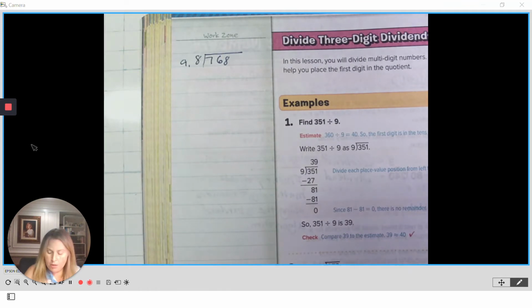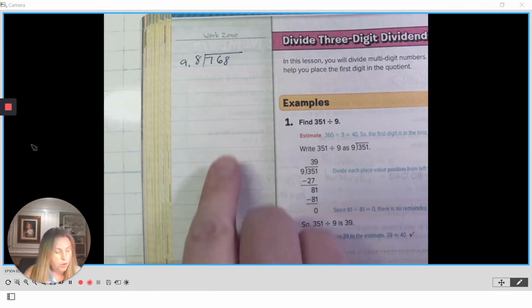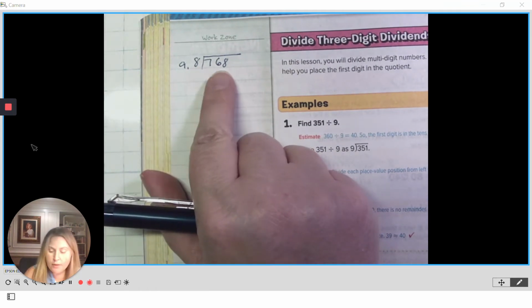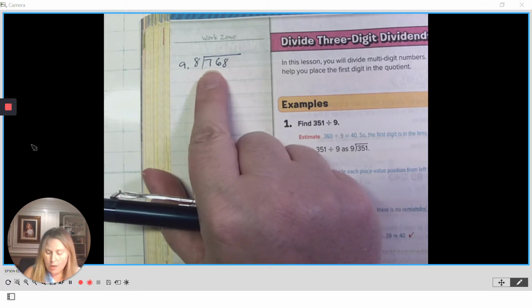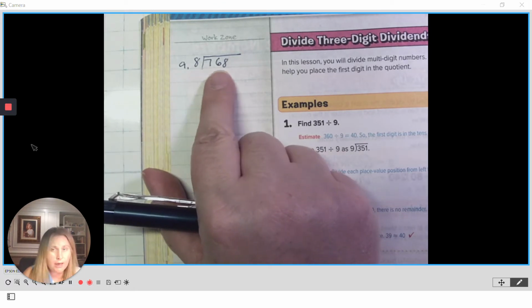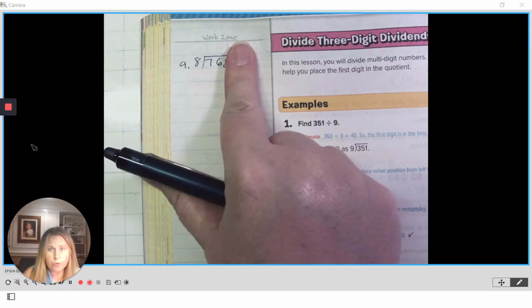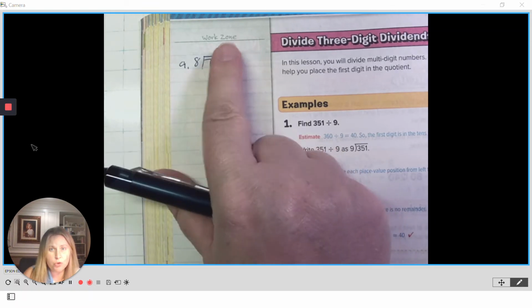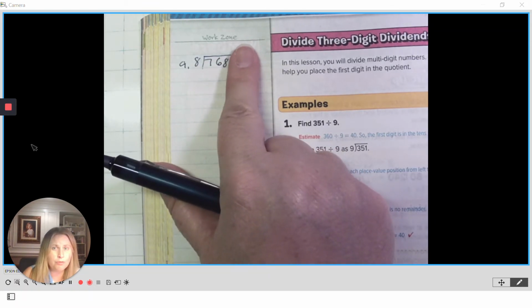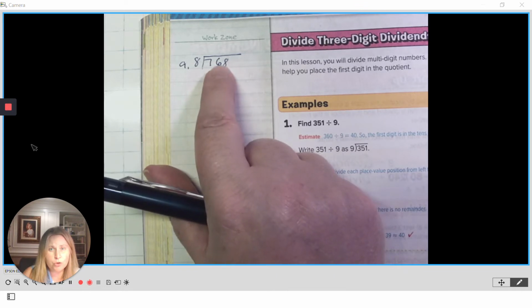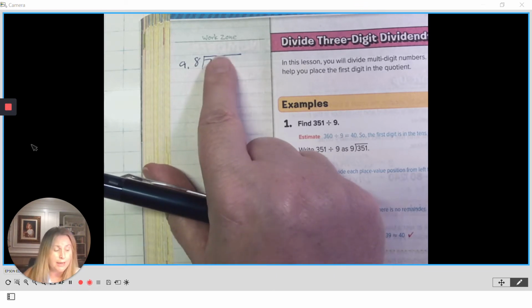Okay, so when I look at these two numbers, I think of 8 times 9, and I think that's 72. Okay, 8 times 9 would give me 72, so 8 times 10 would give me 80. That would be too big for these first two digits. Okay, so I want to put a 9 here.